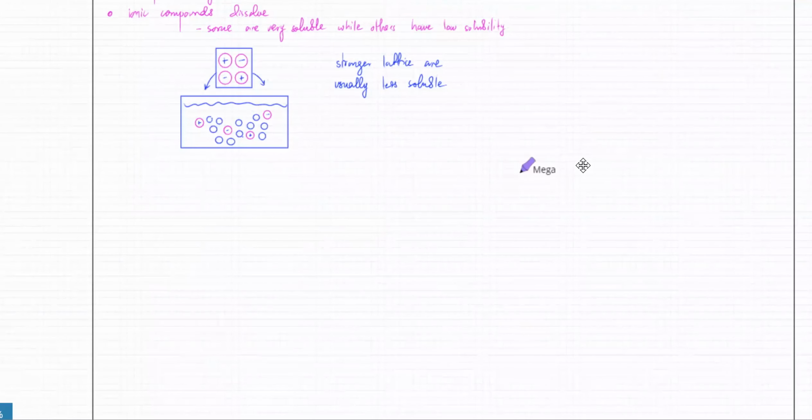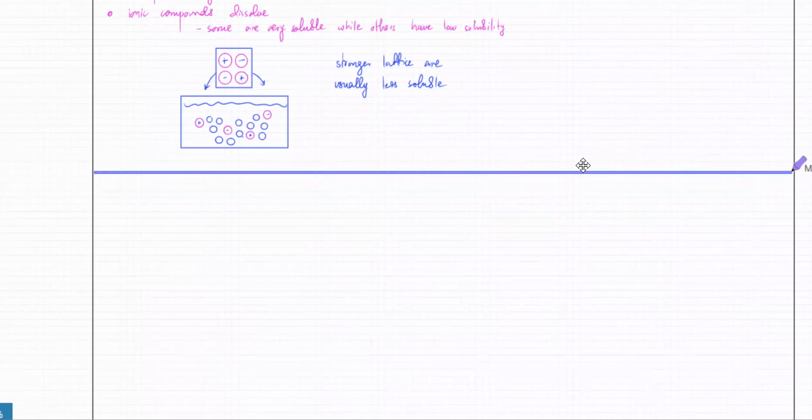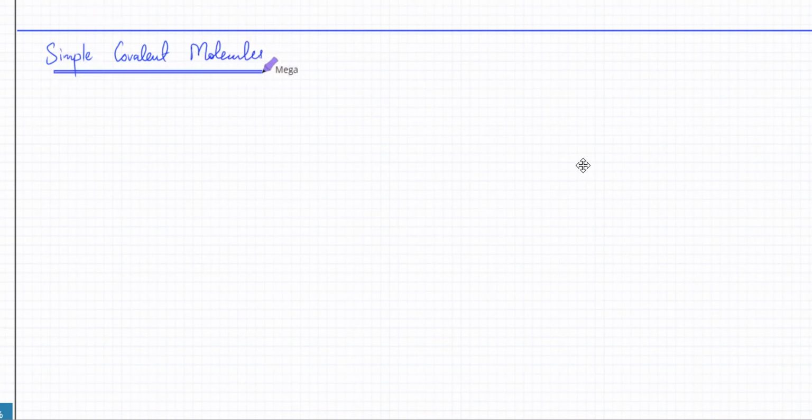Now, let's start talking about covalent molecules. So we're talking about simple covalent molecules now. Covalent molecules are going to be formed when there is going to be less difference in electronegativity.